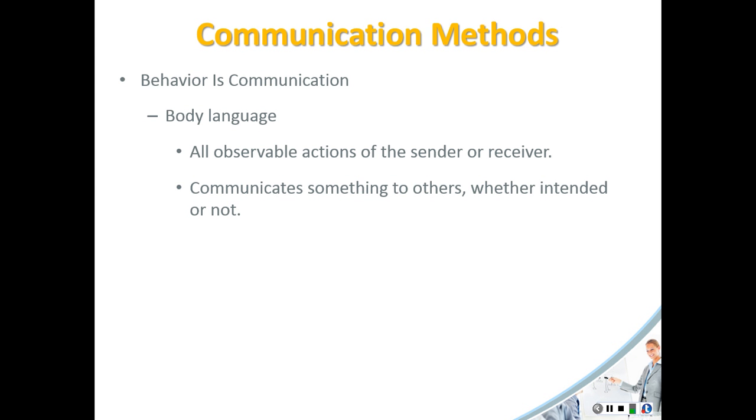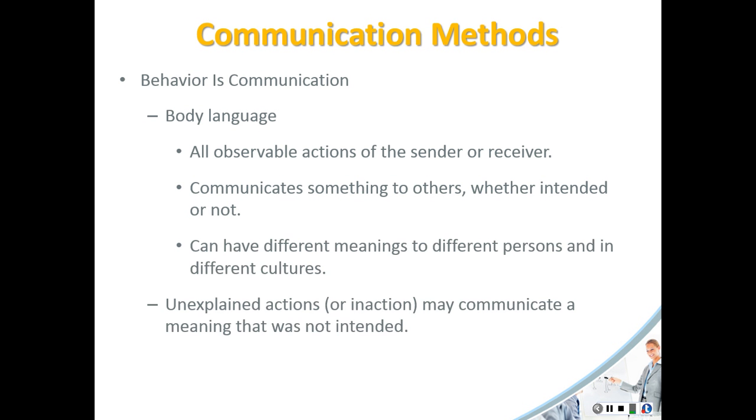If somebody's talking to you and you stand there rolling your eyes, it sends a message to somebody else, and it's not a good message. And some of the messages that you convey through your body language could mean different things to different people, particularly in different cultures. Unexplained action or the lack of doing an action may communicate a message that wasn't intended.